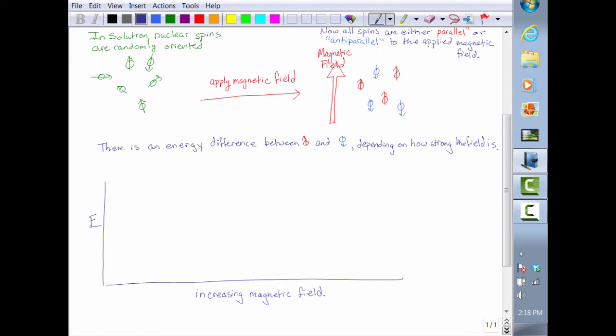So there's going to be an energy difference between the parallel and the anti-parallel spins. And the difference in the energy depends on how strong the field is. So I'm going to show you an energy diagram to illustrate what I mean.